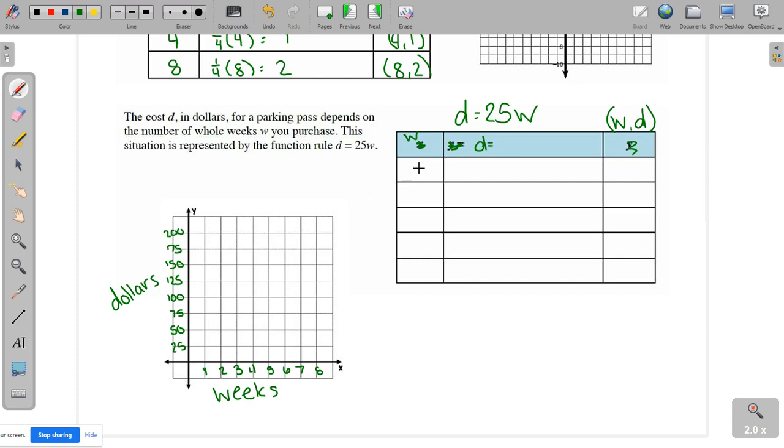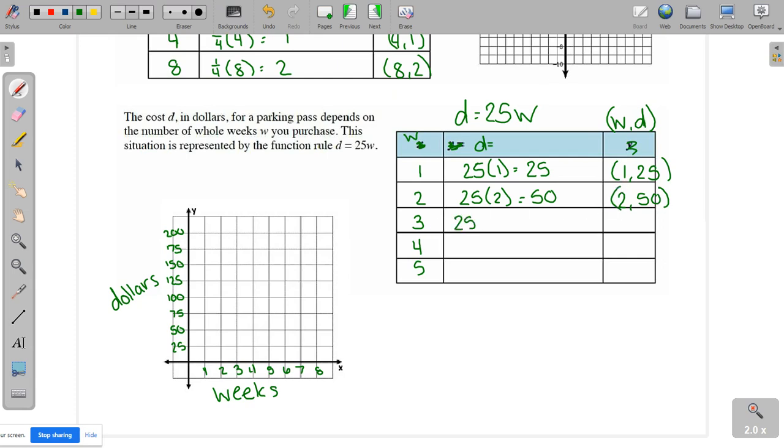Okay, so weeks, we are going to use 1, 2, 3, 4, and 5 and substitute it in. So 25 times 1 gives us 25. So we have the point (1, 25). If we substitute 2 in, we get 50. So (2, 50).